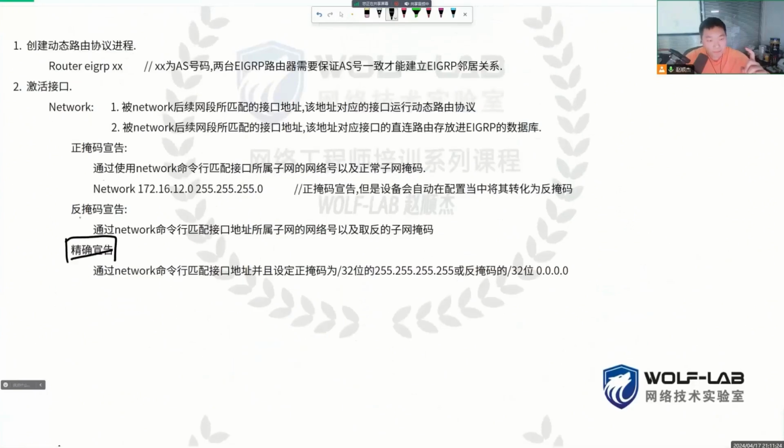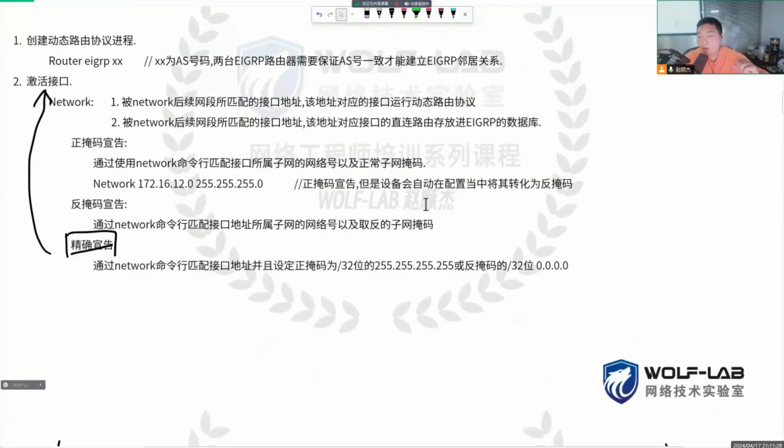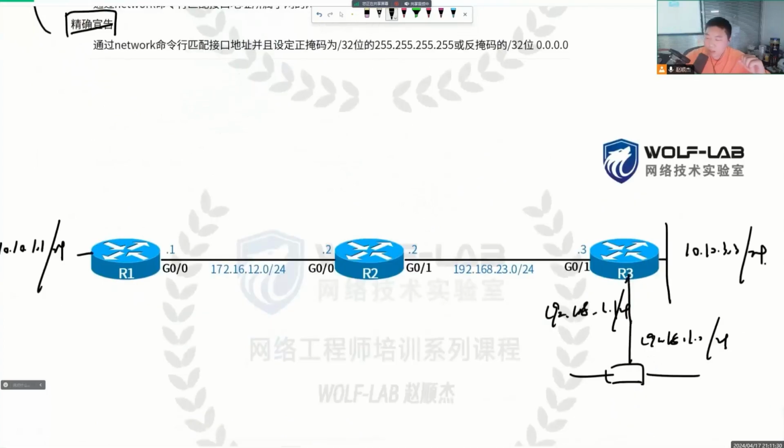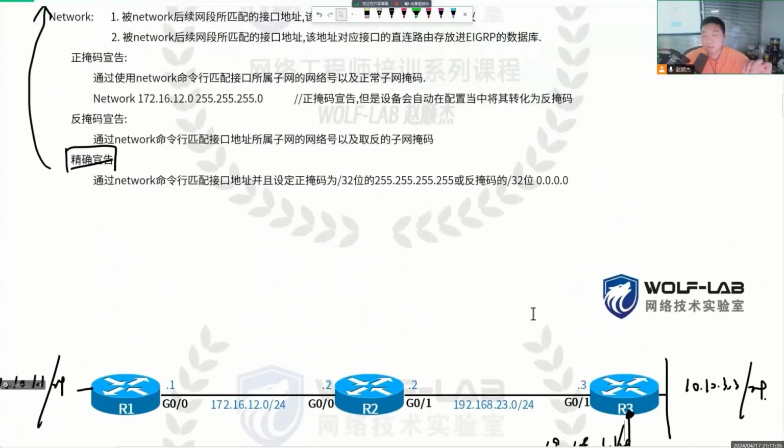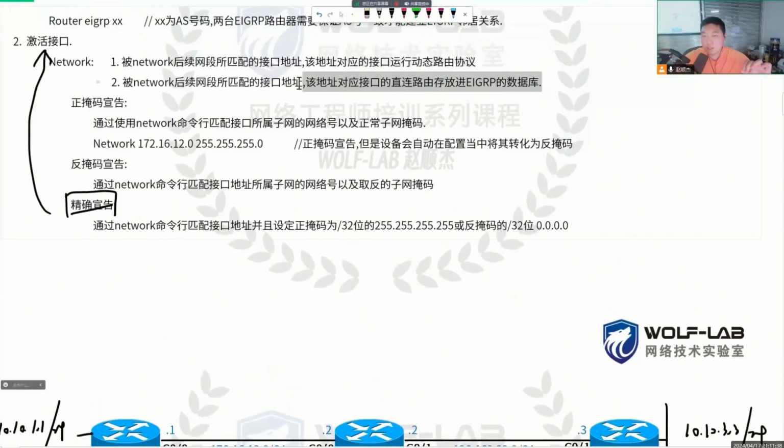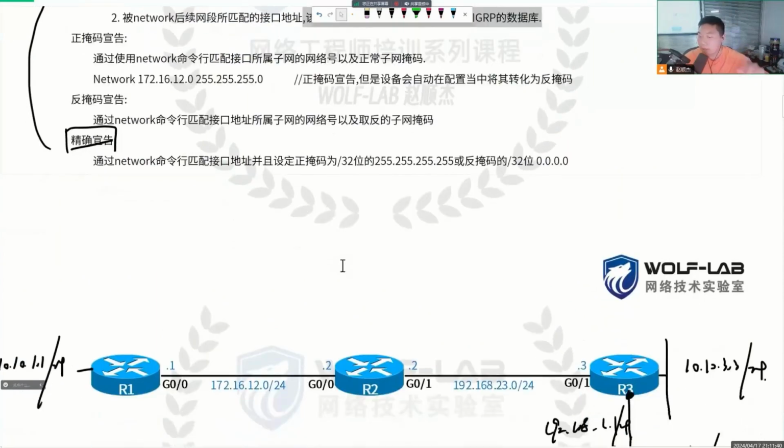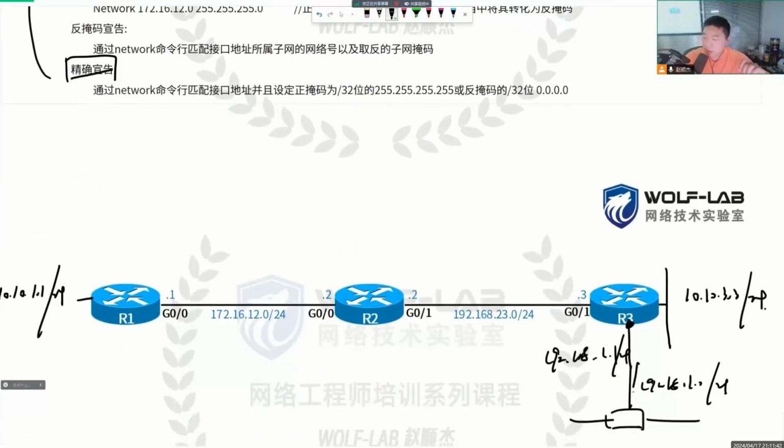It's not something like 192.168.1.1/32. That is only used when we declare, in order to precisely reach my unique interface to run EIGRP. So after the interface runs the protocol, what is put into the database is its route, students. So what is transmitted out is also the route in the database.